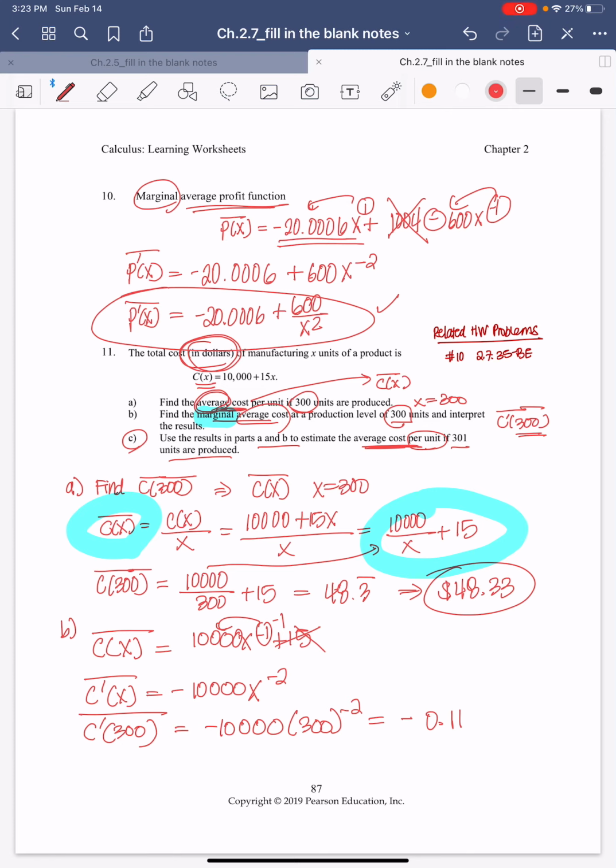So this means that the average cost is decreasing by 0.11 per unit produced. Okay, which is not good, losing.